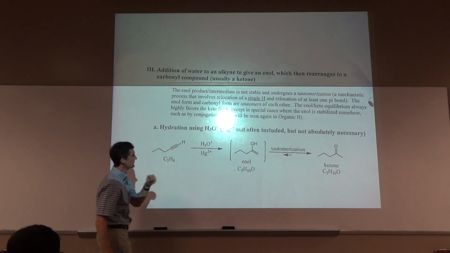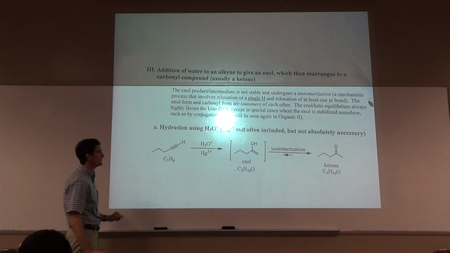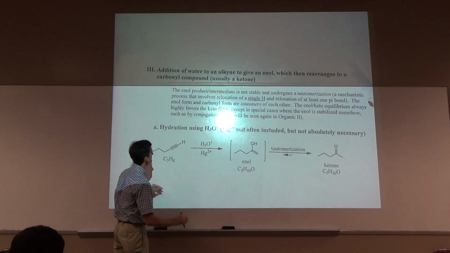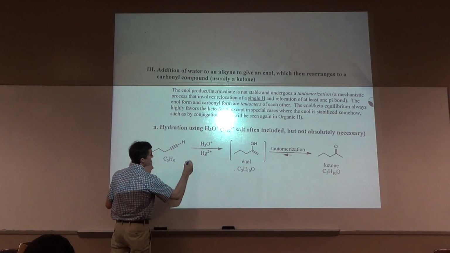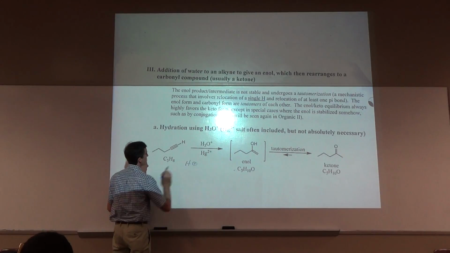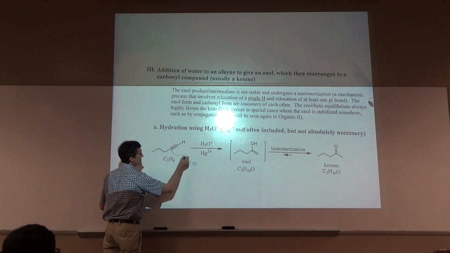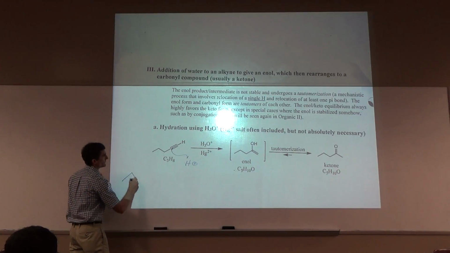Mercury is often included. It's traditionally included always, but I'm going to do it without the mercury. H plus and water. Cation on left or right, cation on left, electrons here. Boom, boom, boom.